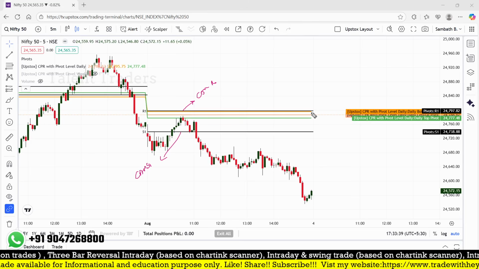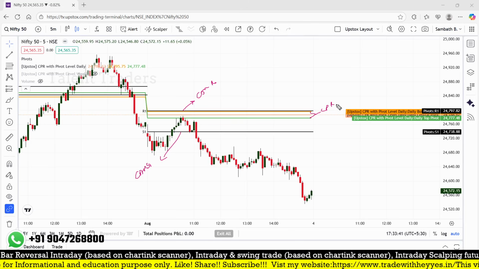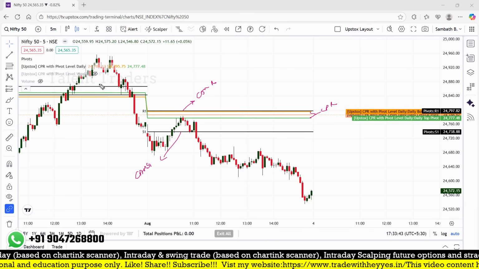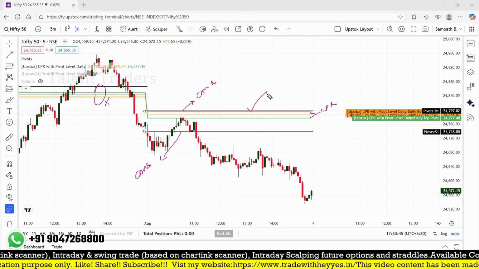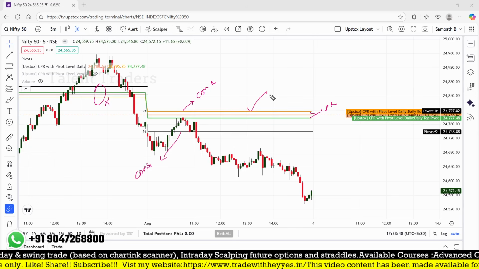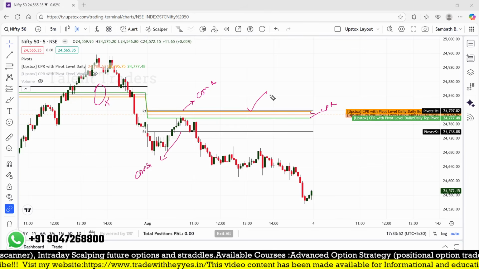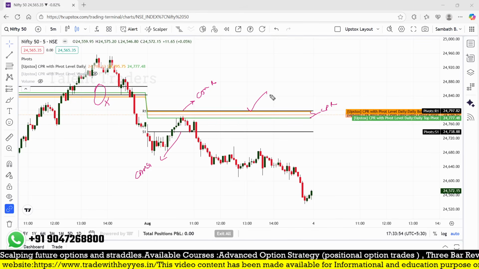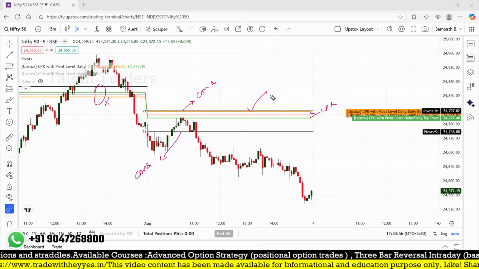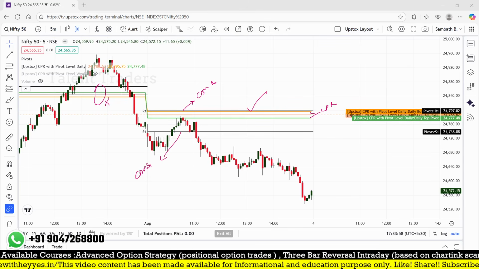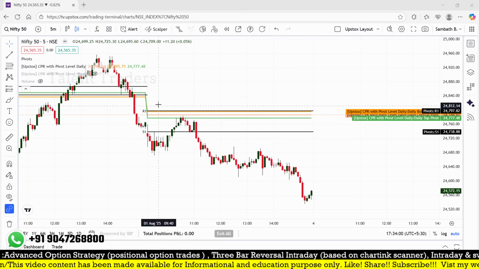These three lines are CPR. Yesterday was not an exact inside, but today is exactly inside compared to the previous day. We are trying to create this in the charting, and after finding it, we'll try to make some logic with this code and find some strategy here.